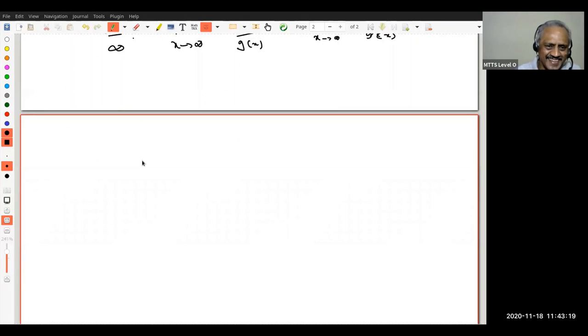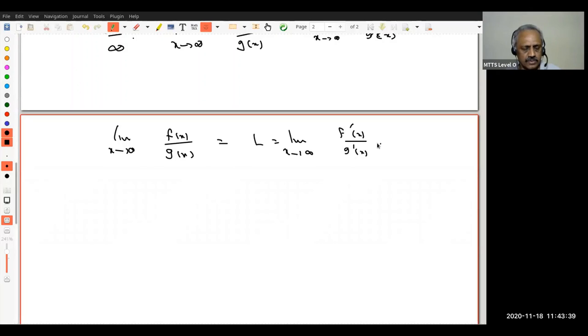Right. So this is what I want to do: the limit as x tends to infinity of f(x) by g(x) equals L, which is the limit of f dash x by g dash x. If you have gone through the earlier two cases of L'Hopital's rule, you know the single most important tool we need is Cauchy's mean value theorem.